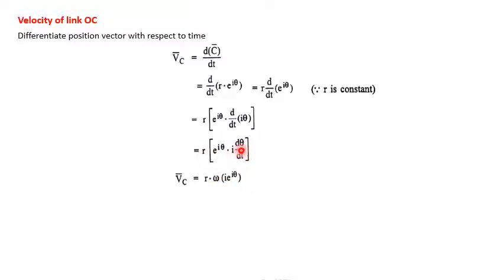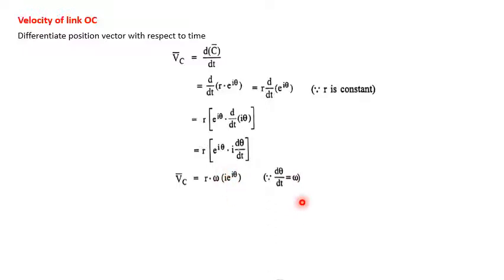So r into omega into I into e to the power of I theta, these are the remaining terms. Here, in order to eliminate this I, we have to add 90° to the existing angle. Theta is the existing angle. If we add 90° or pi by 2 to it, then this I will be eliminated.